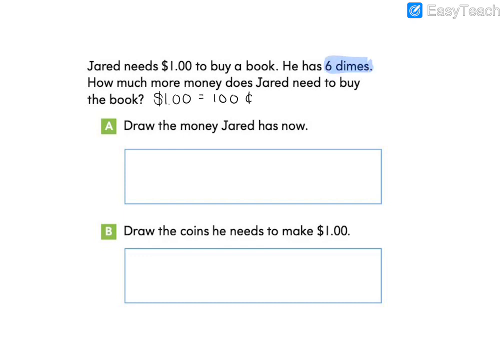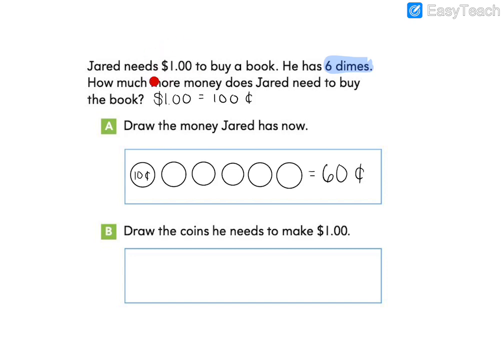Let's draw his dimes in the first box. We'll skip count by 10. 10, 20, 30, 40, 50, 60. So Jared has a total of 60 cents right now.